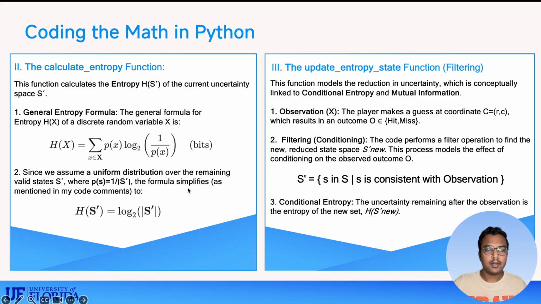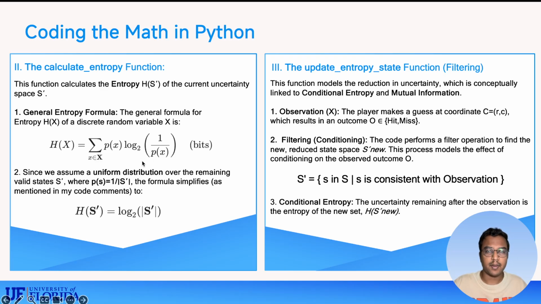Now, the second function is the calculate entropy function. Once the game starts, we need to calculate the entropy after every turn. Here we can see the general entropy formula. However, because we are maintaining a uniform distribution here, as every board configuration is equally likely, we don't need to run this complex summation loop every single time.